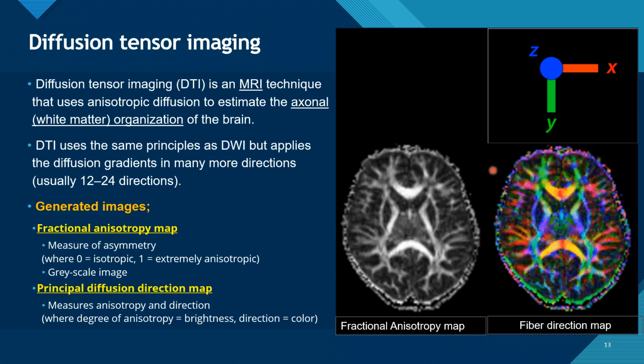So in this image, the red fibers represent the transverse direction or the x-axis direction. The green fibers represent the anteroposterior or the y direction. And the blue fibers, which are seen in cross-section here, actually represent the craniocaudal or the caudocranial direction. And here, the degree of anisotropy represents the brightness of the color within the image, and the direction is represented by the color as we have just discussed.